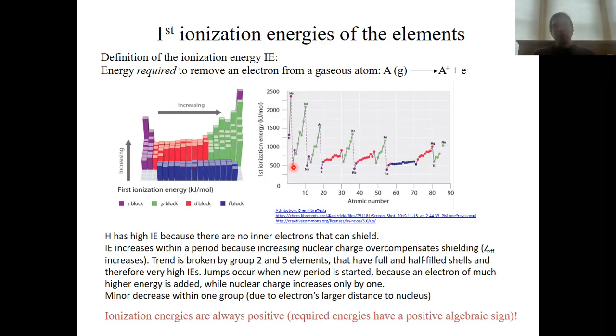this electron is much further away from the nucleus, okay, because we start a new shell, and all the other electrons shield the nuclear charge very effectively from that new electron. And for that reason, that new electron has a much higher energy, and for that reason it can be removed much more easily, explaining the low ionization energy.